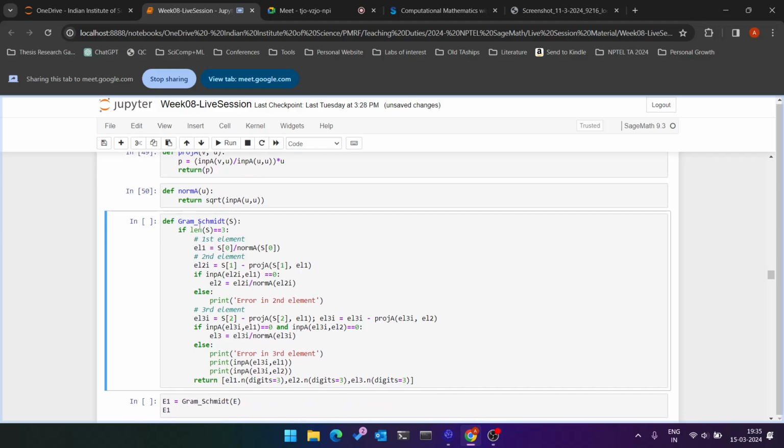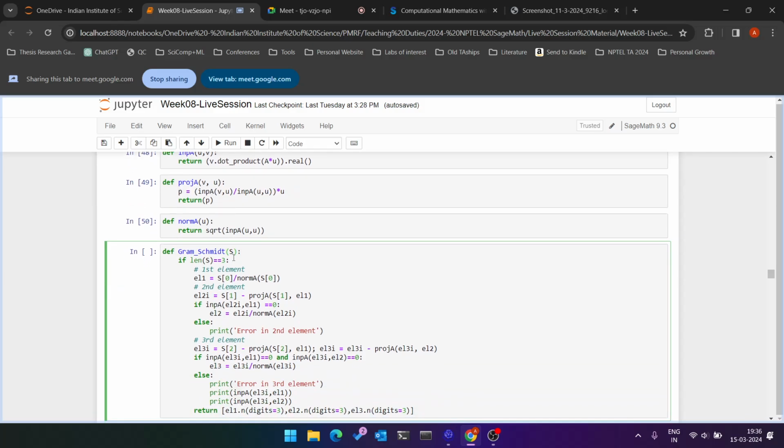Next, I define Gram-Schmidt orthogonalization. It takes a single argument S, which is a set containing vectors. In our case, we only have three vectors. So the first element is basically the first vector S0 divided by its norm.